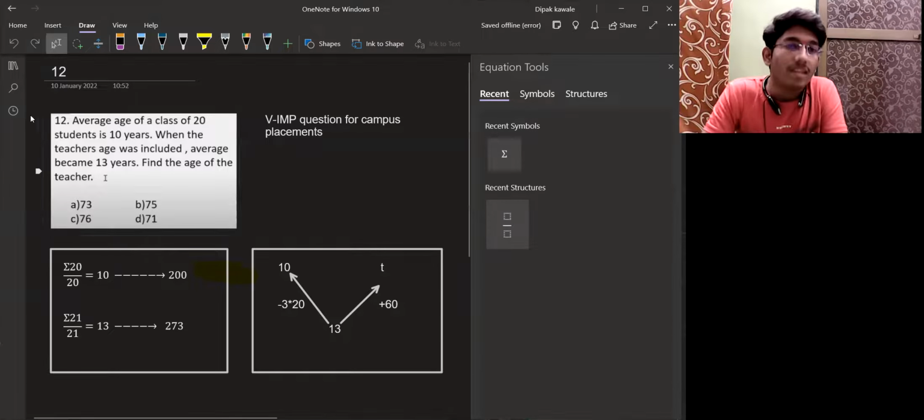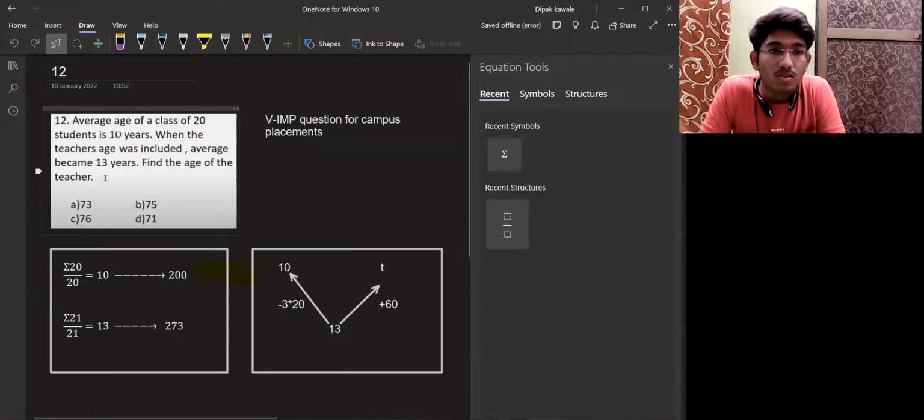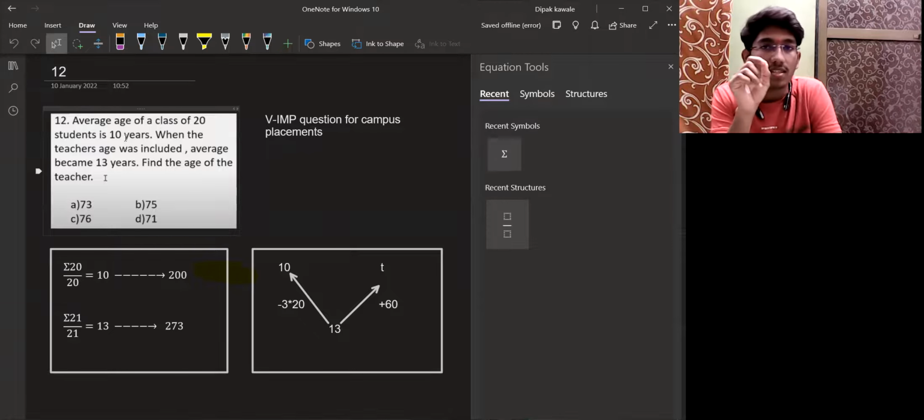Similarly, in this problem, 20 students have an average of 10 years. That means we will consider each of the students to be 10 years old. Let's say it is a class of 5th standard, meaning these are 5th standard kids and their average is 10 years.